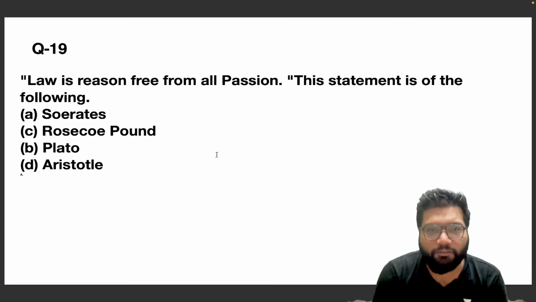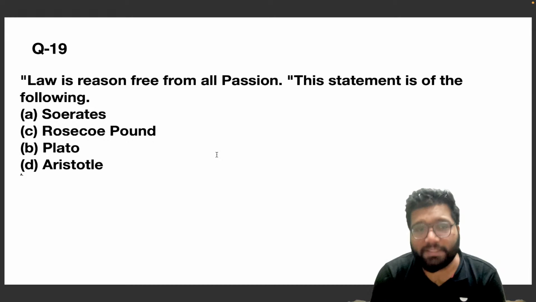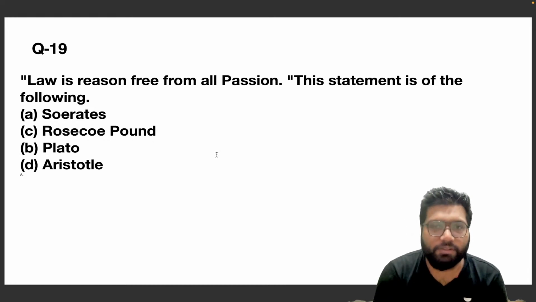Law is a reason free from all passion. The statement is of the following. So this question is basically from your jurisprudence.